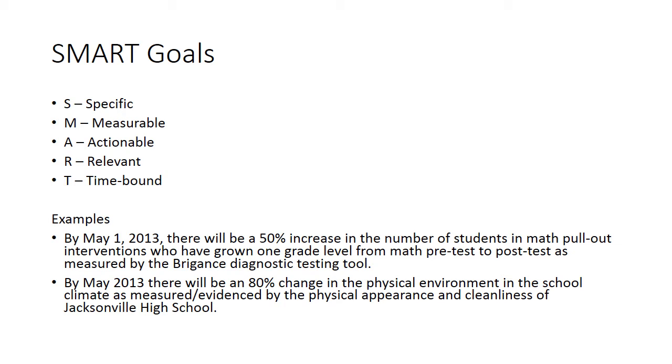You could have people walk around and do random spot checks of trash, and you would expect to see that go down over time, perhaps by as much as 80%. It's actionable. You can think of strategies, ways to accomplish it. It's relevant, perhaps to whatever their issues are, and it's time-bound. So this is what we mean by SMART goals.